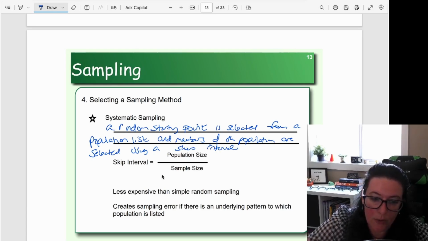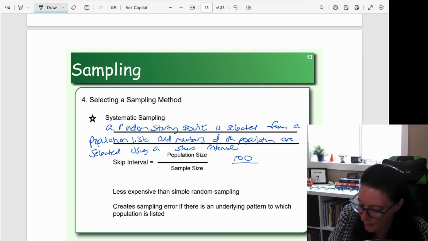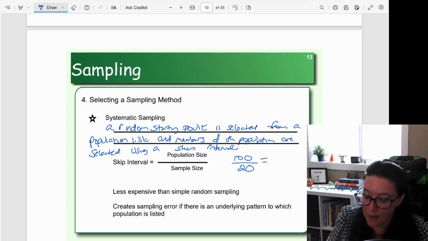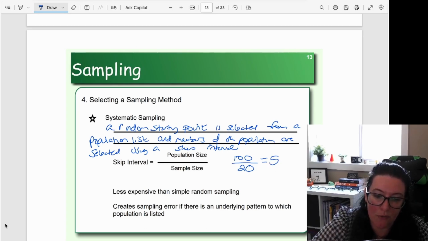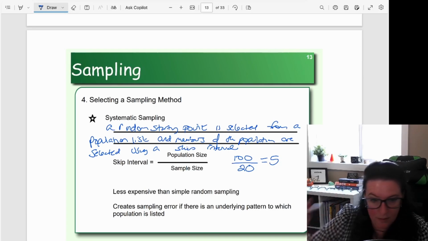Let's suppose that you have 100 people in your population, and you want a sample size of 20. Then we take 100 divided by 20 and we get 5. So our skip interval would be that we would contact every 5th person.